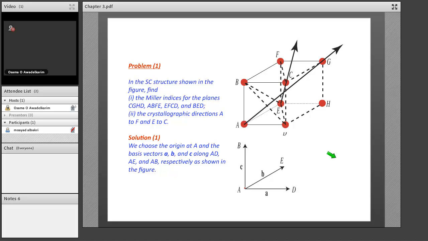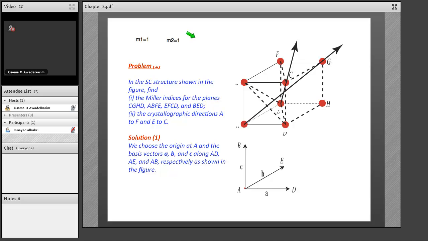If we take our A as an origin, it has an intercept with the basis vector A, which is M1 equals 1, an intercept with B, where M2 equals 1, and an intercept with C, where M3 is equal to 1.